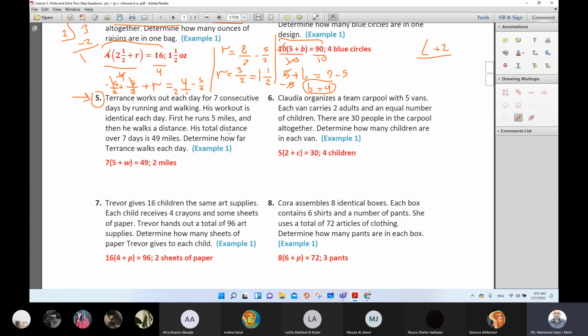His total distance over 7 days is 49 miles. Determine how far Terence walks each day.